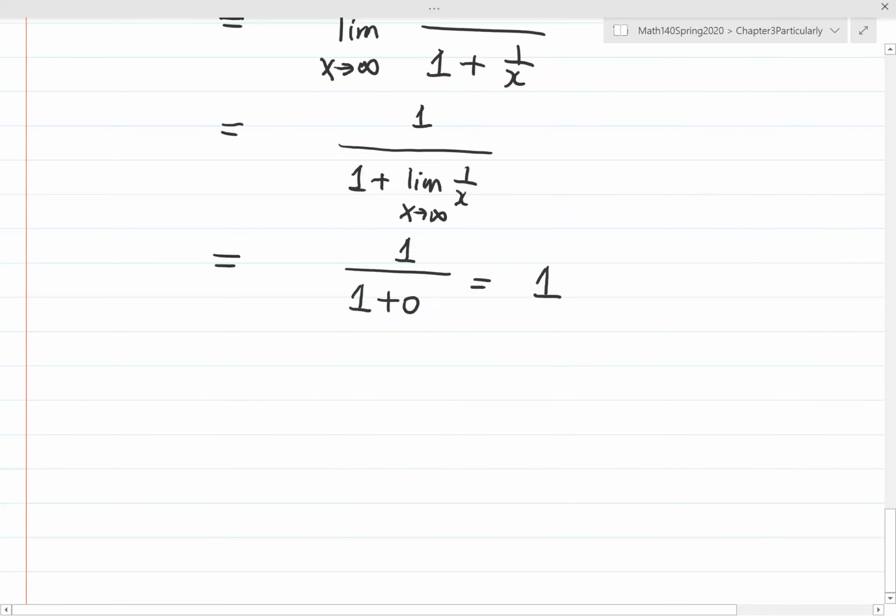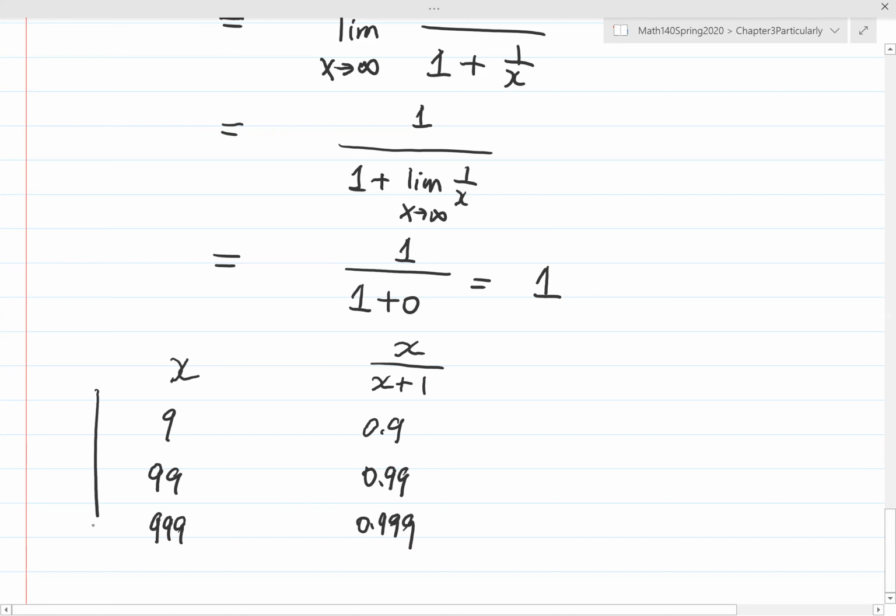You see the values of x over x plus 1: if x is 9, it is 9 over 10, so 0.9. If x is 99, then x over x plus 1 is 0.99. If x is 999, this becomes 0.999. You see this gets arbitrarily close to the number 1 as x approaches infinity.